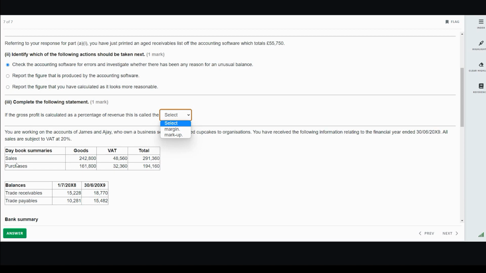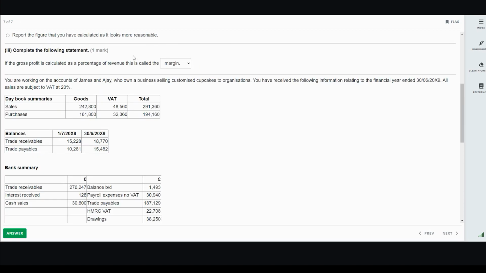So this is your margin. If you're calculating the gross profit, it means that the gross profit is within the revenue. That's why we call it margin. That's how I remember it anyway. Okay then, so moving on.